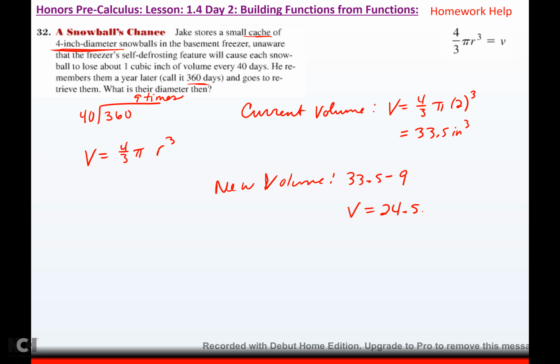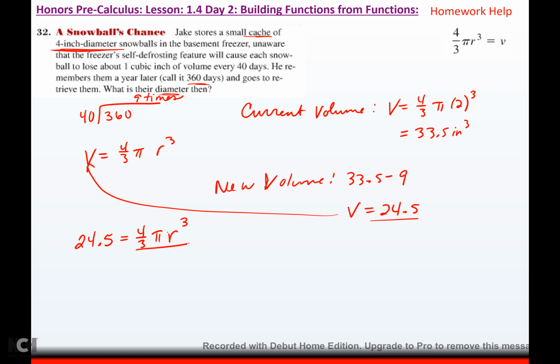Okay, so if I know my new volume, if I use my handy dandy volume function and change volume to 24.5, that has to equal 4/3 pi times whatever my radius cubed is. If I can figure out the radius, I can figure out the diameter just by doubling it.